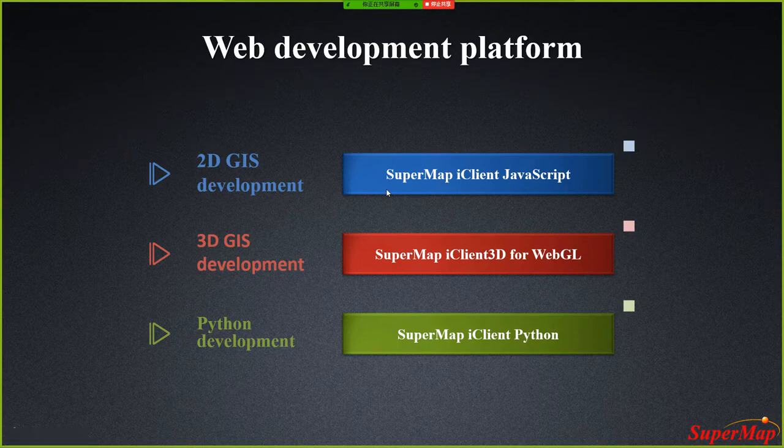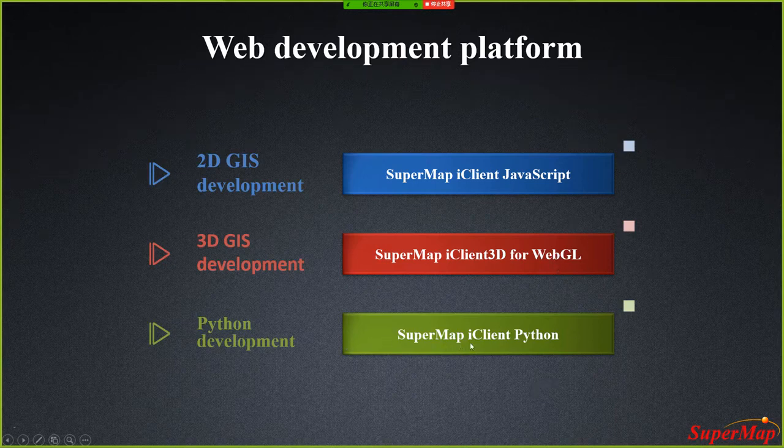The second is 3D JS development. The 3D development iClient platform is based on WebGL, and can be used to build plugin-free, cross-operating-system and cross-browser 3D GIS applications.